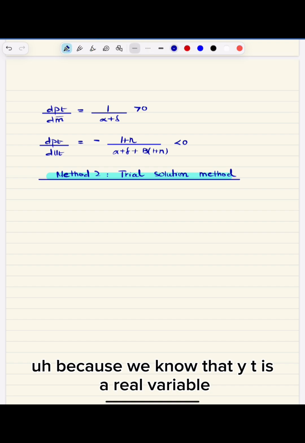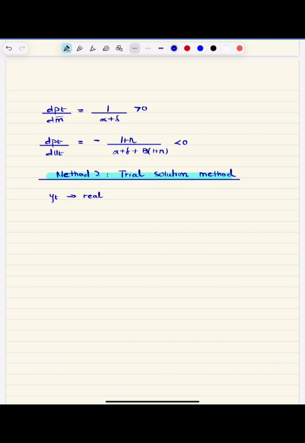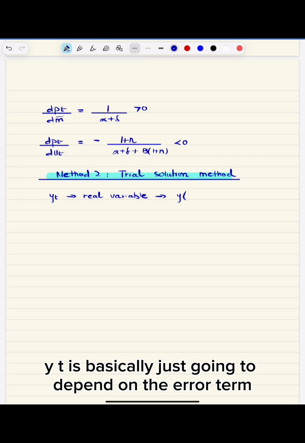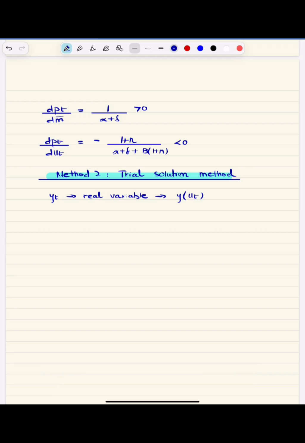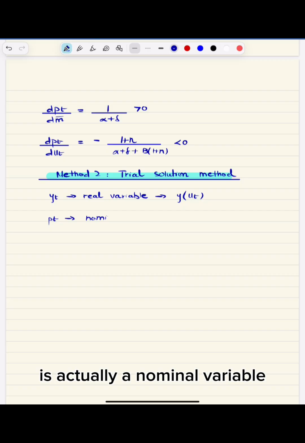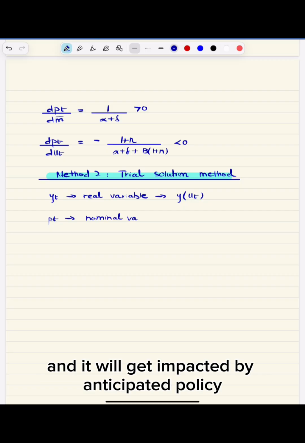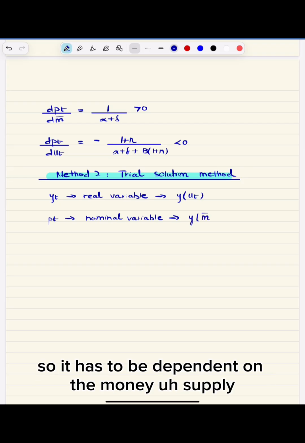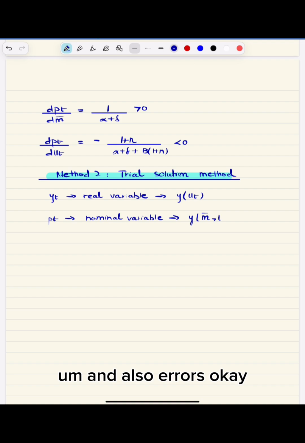Because we know that yt is a real variable, therefore I know that yt is basically just going to depend on the error term, and I know that the price is actually a nominal variable and it will get impacted by anticipated policy as well as shocks. Okay, so it has to be dependent on the money supply and also errors.